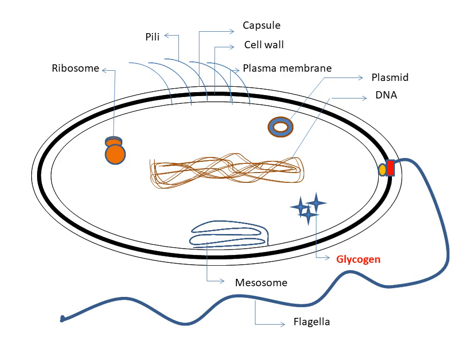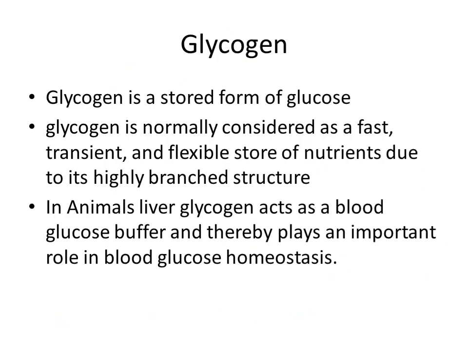Glycogen is the energy storing molecule present in the cytoplasm. From the bacteria, after evolution to eukaryotes until the new generation, the energy storing molecule is glycogen, from the bacteria to humans. In humans, the glycogen is stored in the liver. In bacteria, glycogen is a stored form of glucose.